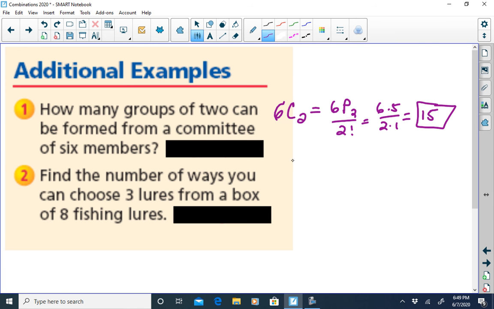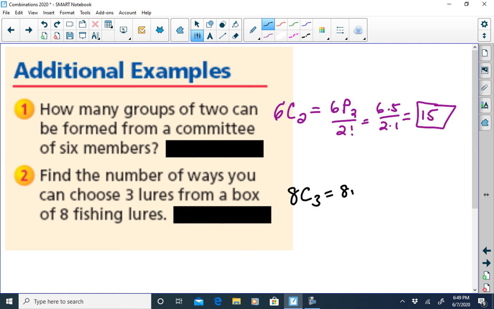combinations for problem 1. Problem 2, find the number of ways you can choose 3 lures from a box using 8 fishing lures. Is the order going to matter with fishing lures? No. So we're talking about combinations there. So that's going to be 8C3, 8 lures taken 3 at a time.